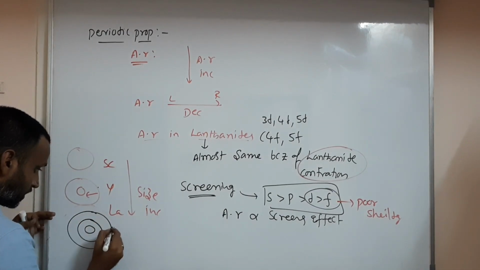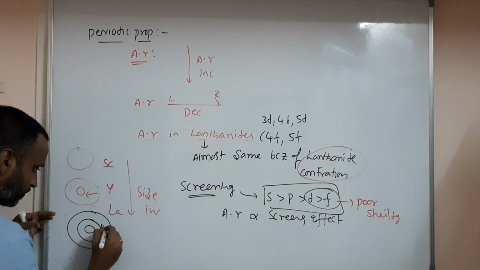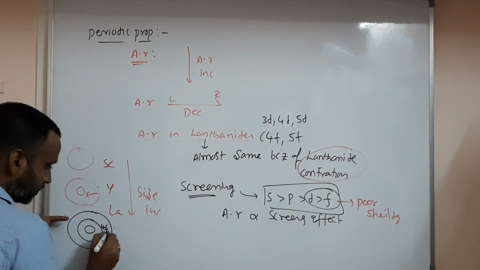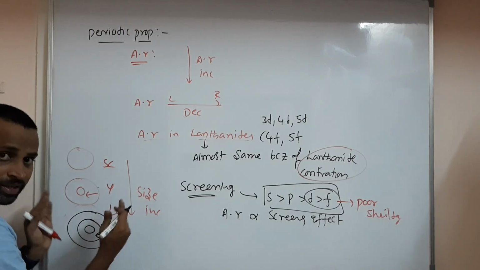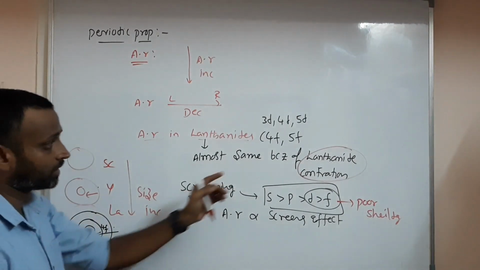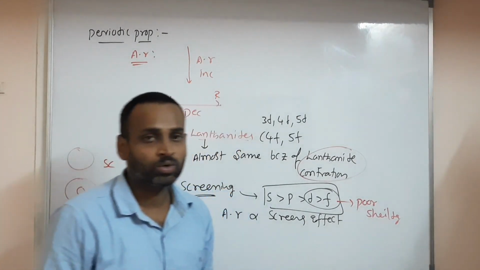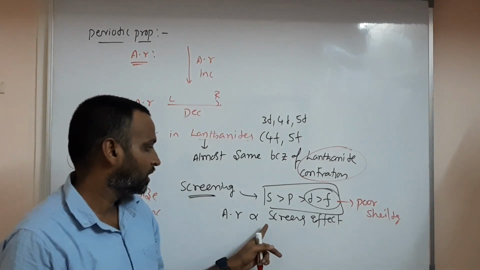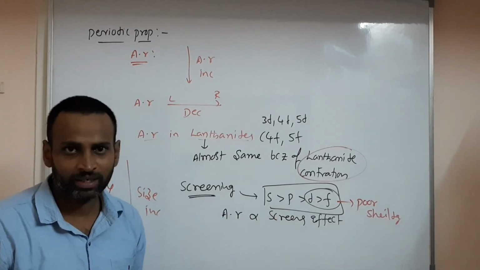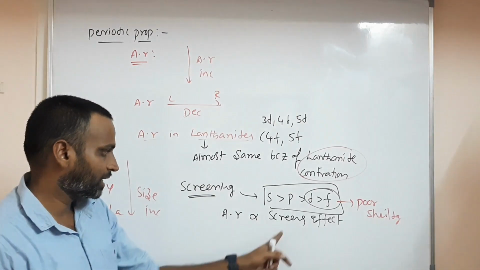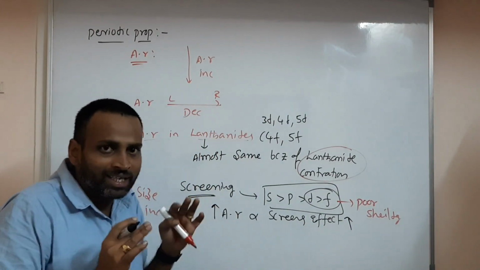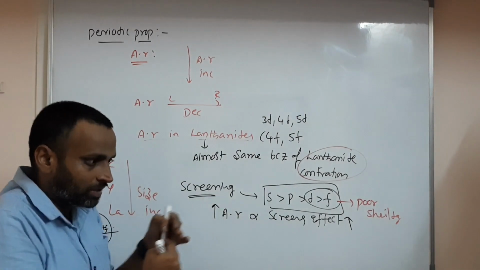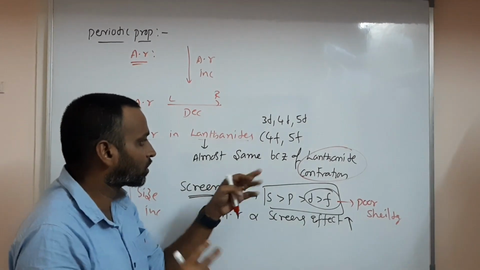Here the inner subshell is 4f, so this is not protecting properly, and the outer electron comes closer. So atomic radius decreases. That decrease in radius is called lanthanide contraction. Atomic radius depends on the screening effect: if screening is more, then atomic radius is more. If screening is less, then radius will decrease. That decrease is called contraction.